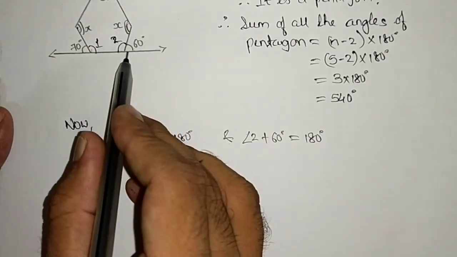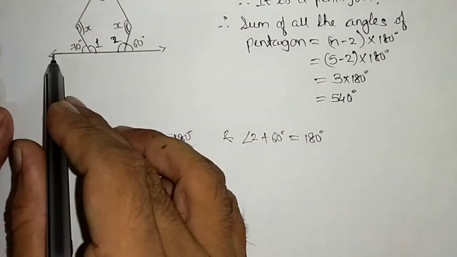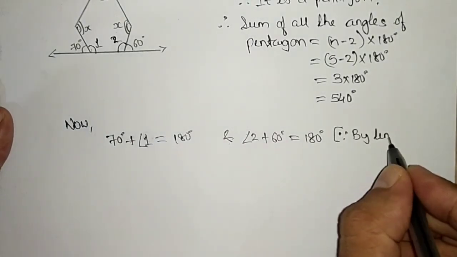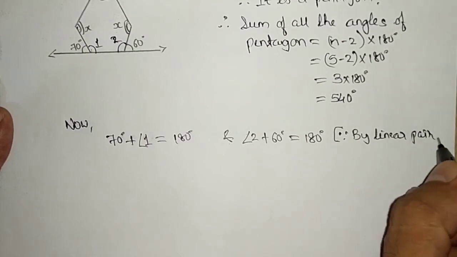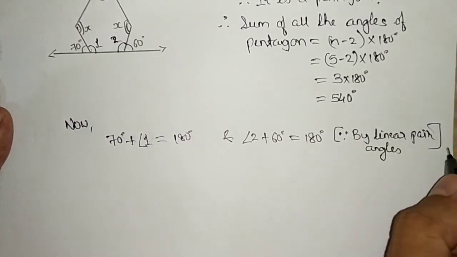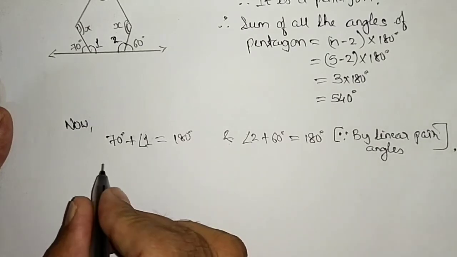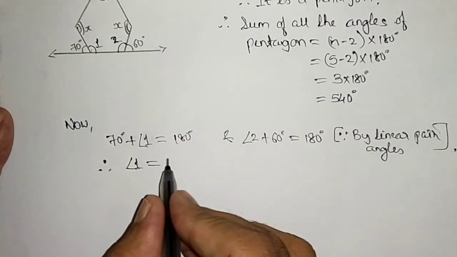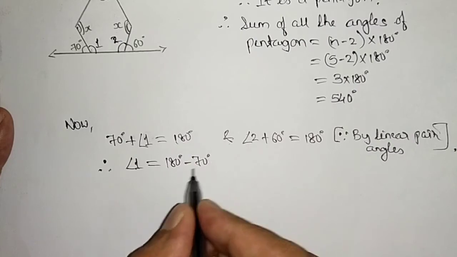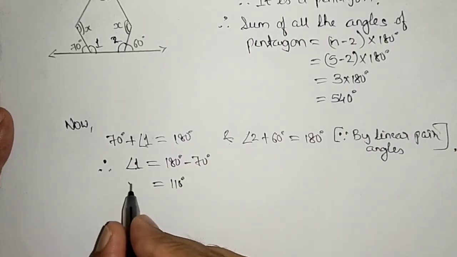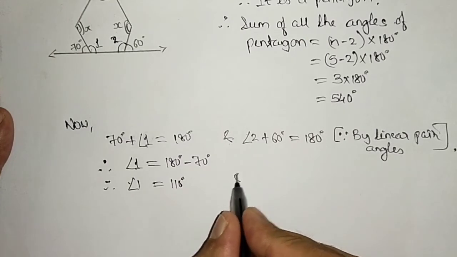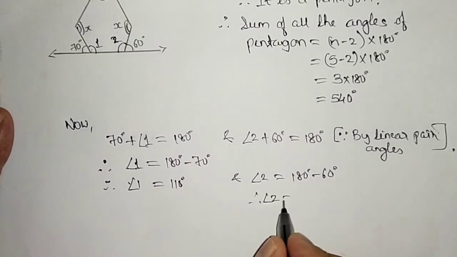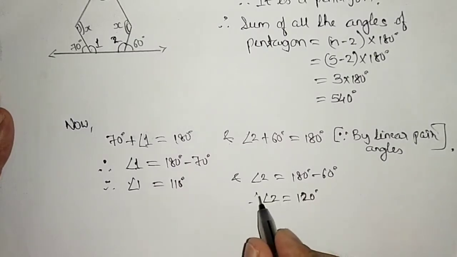Because both of them, here 2 and these 2, are standing on a line, and therefore by linear pair of angles it will be 180 degrees. This we have also studied in 7th standard, so you must know it very well. Angle 1 is equal to 180 degrees minus 70 degrees, so it will give us 110. And angle 2 will be 180 degrees minus 60 degrees, therefore angle 2 will be 120 degrees.